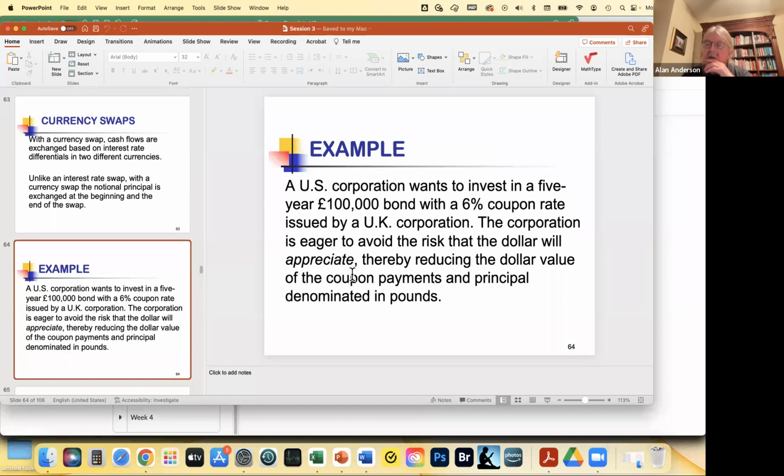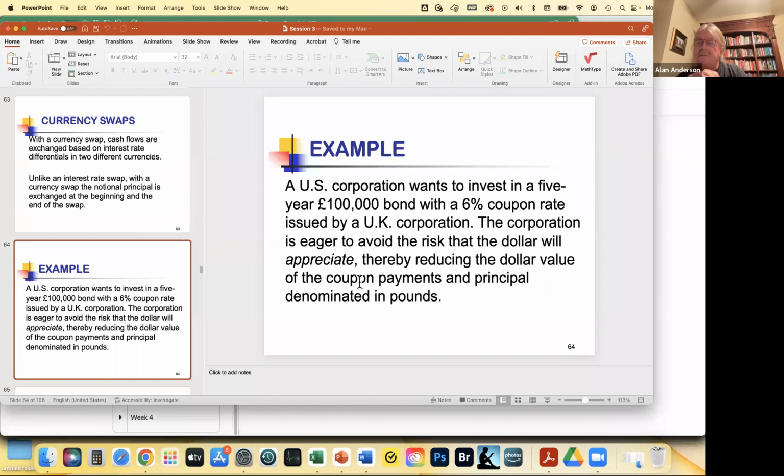So here we have a corporation in the US that wants to buy a 5-year 100,000 pound bond with a 6% coupon rate issued by a UK corporation. But we don't want to be exposed to foreign exchange risk. In other words, if you own a pound denominated bond, you might get a very nice rate of interest, and yet you might end up losing a lot of money if the dollar gets too strong while you're holding this bond, because then each pound would be worth fewer dollars.